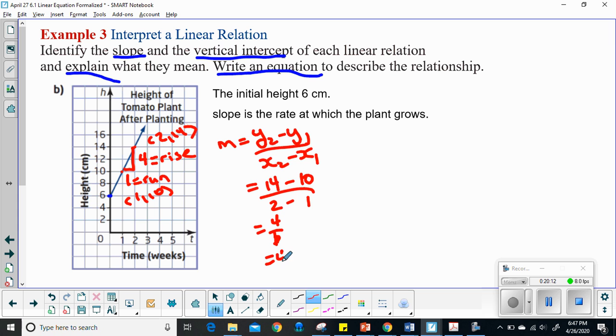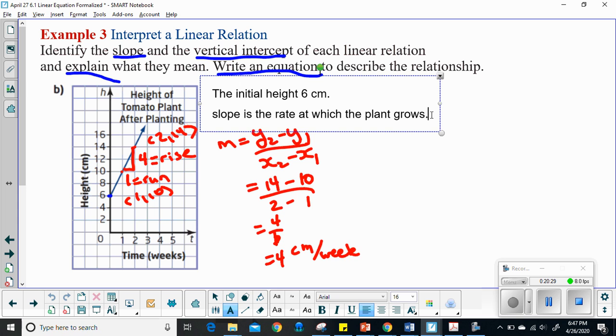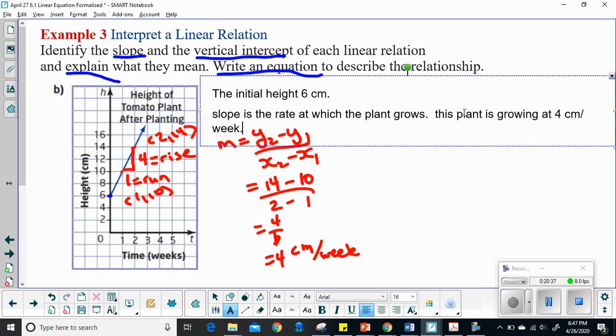So 4 centimeters per week. That coincides perfectly with the triangle we just drew, 4 over 1. Excellent. So the slope is the rate at which the plant grows. Let's finish off that sentence. This plant is growing at 4 centimeters per week. Good.